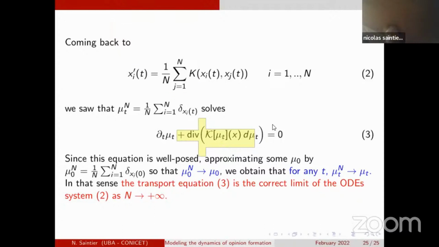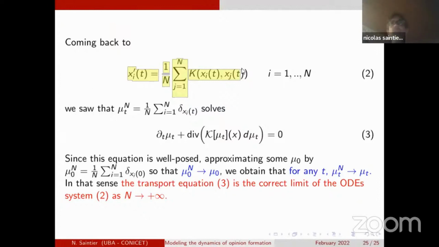So in that sense, we could really say that this equation is the right way to speak of the limit of the system of ODEs as the number of equations grows to infinity.